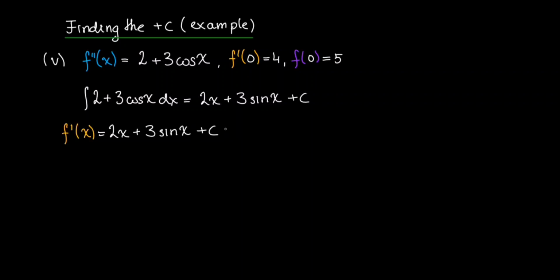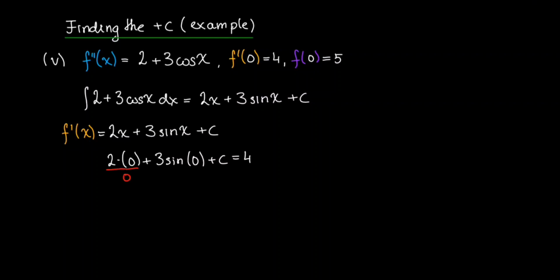However, one thing unclear once again is this plus c at the end. So here, the conditions that the exercise gave us about the points 0 and 4 come into play. When we plug in 0 into this expression, we get the answer 4. So that means 2 times 0 plus 3 sine of 0 plus c is going to be equal to 4.